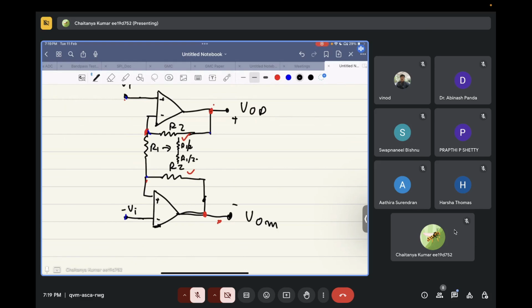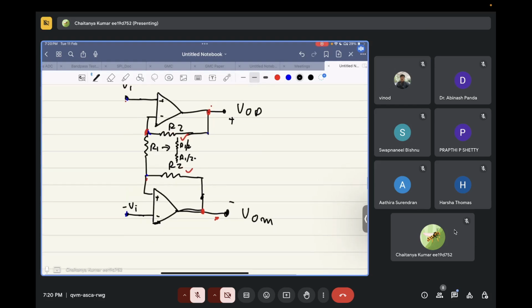So R1 can be written as a series resistance of two halves of the resistors, right? I am audible, right? Hello? Yes, sir. So R1 can be written as two halves of the resistor.